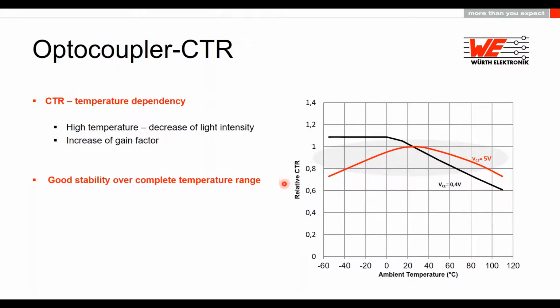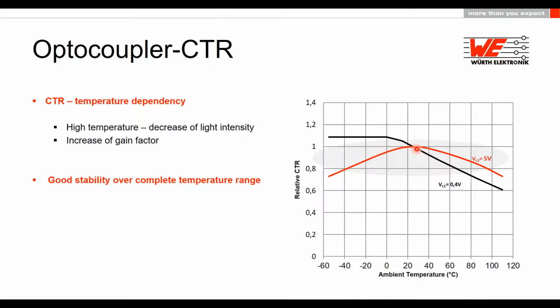This is also a benefit of this optocoupler series, the good stability over the complete temperature range, especially in the high temperature range, which is sometimes required by a customer.